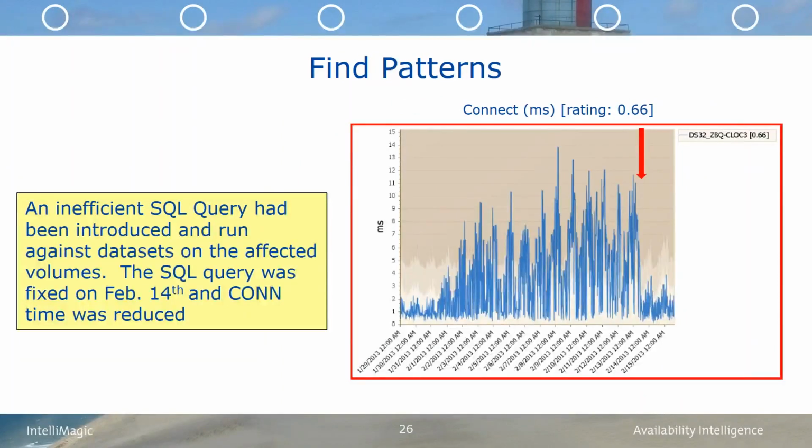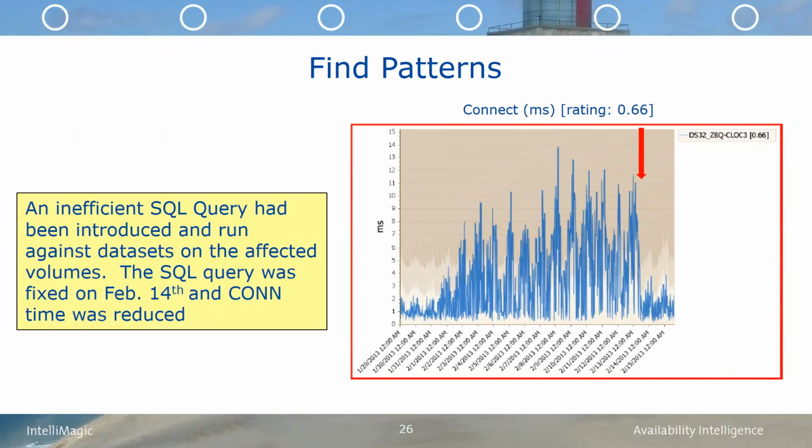So indeed, by consulting logs, it was found that at about the same time that this connect time issue started, a SQL query had been introduced and run against the data sets that were on the actual volumes that were affected. So it was easy to identify the problem because of the embedded intelligence in IntelliMagic Vision, and by finding some patterns, we were able to notice these big spiky behaviors.